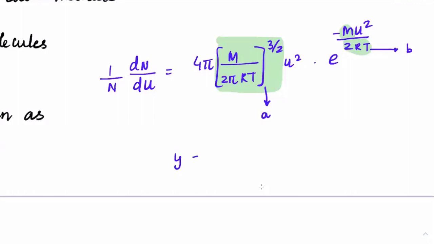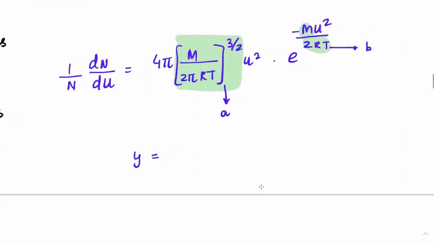So I can take y is equal to 4 pi a x square into e raised to power of minus b x square, where I take u as x.